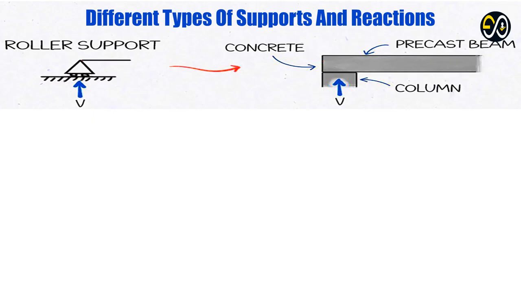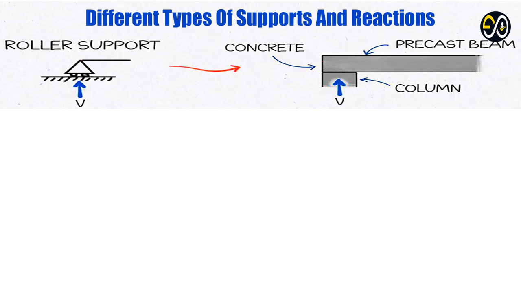So if any kind of load is applied on this beam, the support can move horizontally if the force is horizontal also, or it has a horizontal component. But this support cannot go below because of this restraint from moving downwards. A vertical reaction is generated.